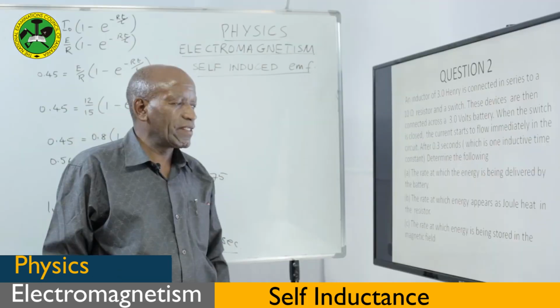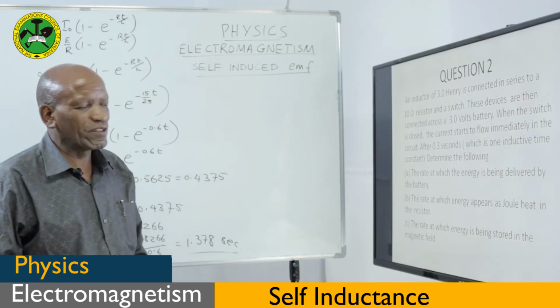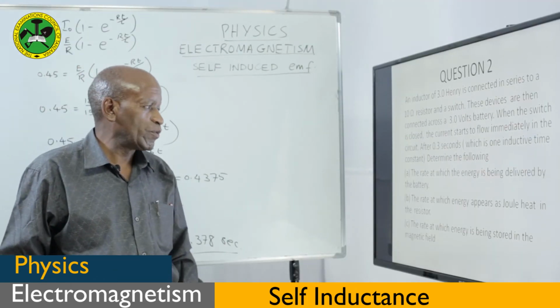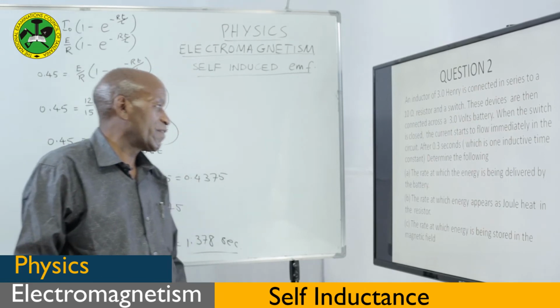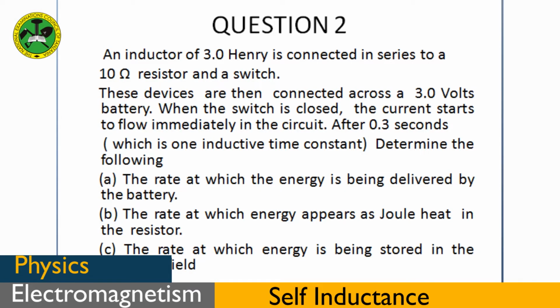Okay, students, let us now go to question number 2. The question says, an inductor of 3 henry is connected in series to a 10 ohm resistor and a switch. These devices are then connected across a 3-volt battery. When the switch is closed, the current starts to flow immediately in the circuit.